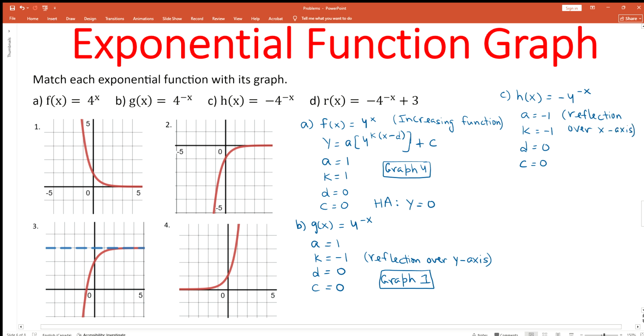That means if we reflect the graph for part B over the x-axis, we should get the graph for part C. The graph for part B, g(x), is graph 1. If we reflect graph 1 over the x-axis, we can see we get graph 2. So that means the graph for the function in part C is graph 2.